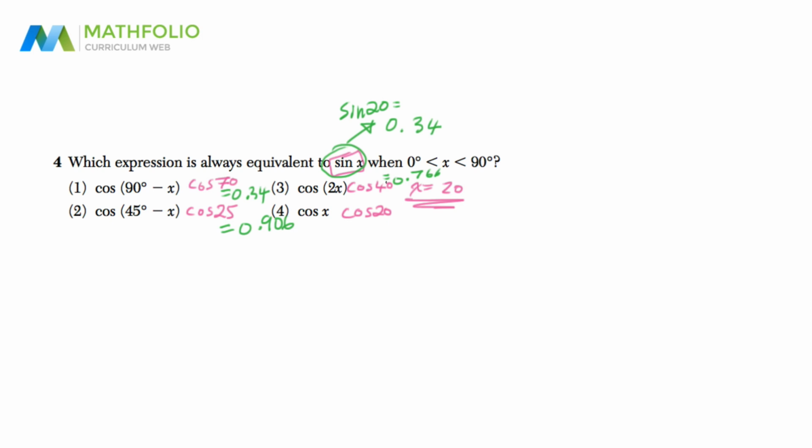Cos 20 equals 0.9397 and change. So looking at all of these, number 1, we were correct from the get-go. The expression that is always equivalent to this is cos of 90 minus x. And so that is our answer for number 4.